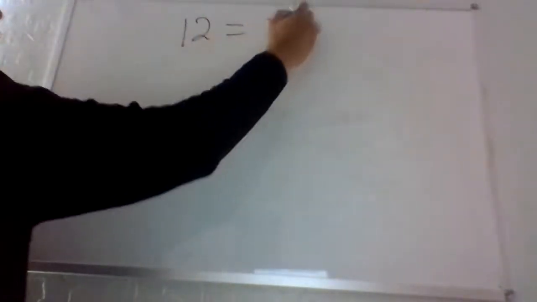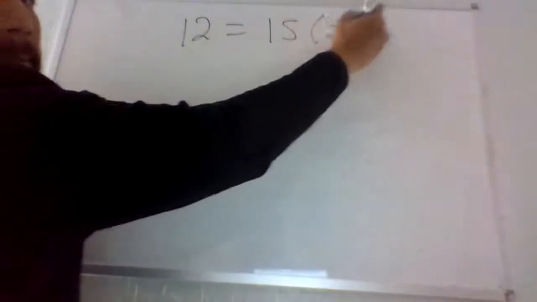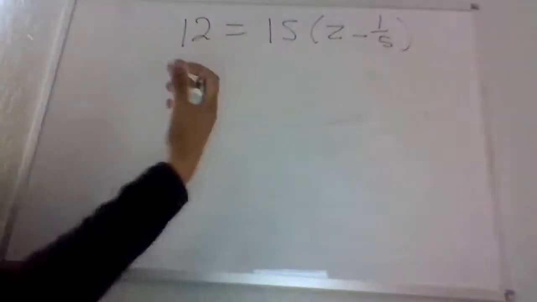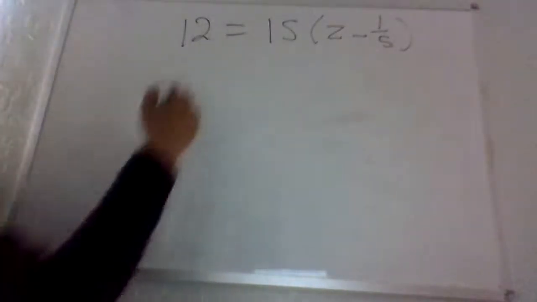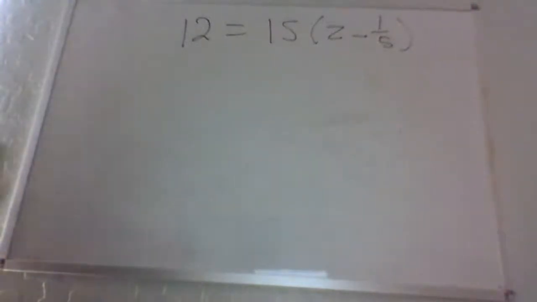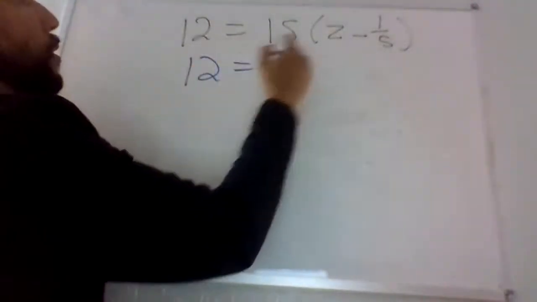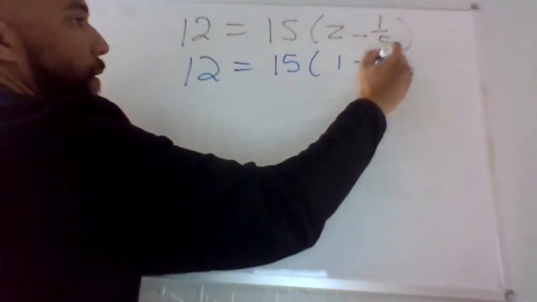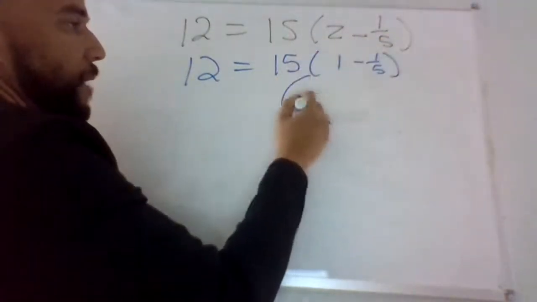So 12 equals 15 z minus 1/5. Well, we know z is actually 1, right? So let's rewrite this. It's actually going to be 12 equals 15 times (1 minus 1/5). So let's work out what's in the parentheses.